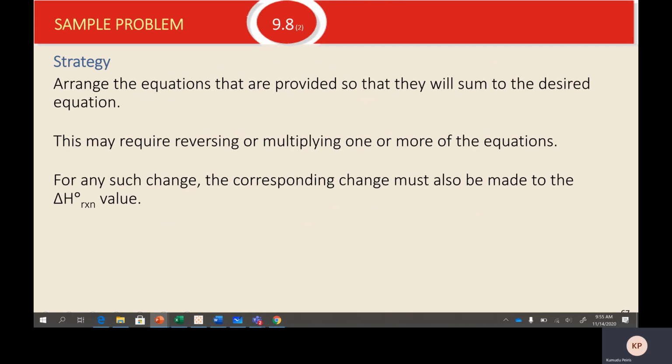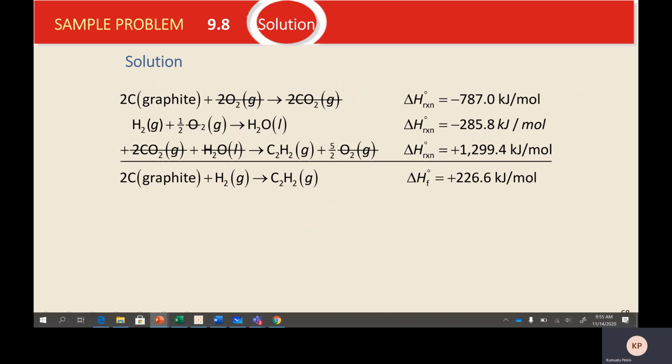For any such change we should change the delta H, the enthalpy change of that reaction, too. If we change the sides of the reaction, then the sign of the enthalpy change will change too. Or if we multiply the whole reaction by 2, then you should multiply the enthalpy change for that given reaction by 2.